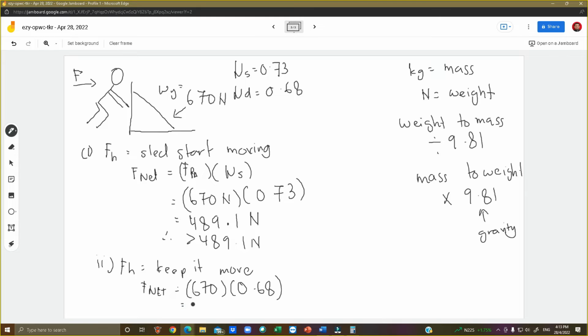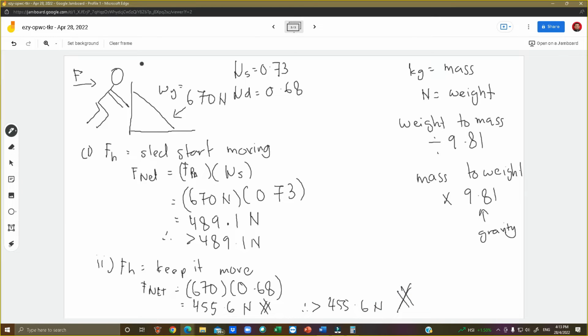Apakah? 455.6 Newton. So the answer for the question, how much force needed? More than 455.6 Newton. Yes, betul. Okay.